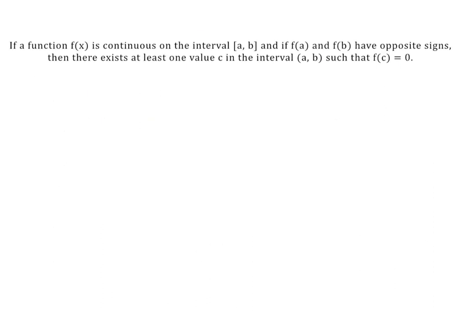Okay, so now using the same idea from the intermediate value theorem, this time it says if a function f of x is continuous, there's the magic word, on the interval, so these are x values, A to B, and if my y values, f of A and f of B, have opposite signs, so maybe this y value is positive and this y value is negative, then there exists at least one value, C, on that interval such that f of C is 0.